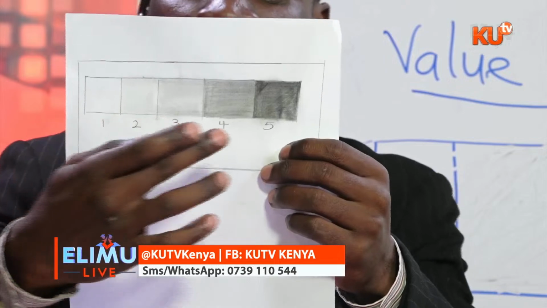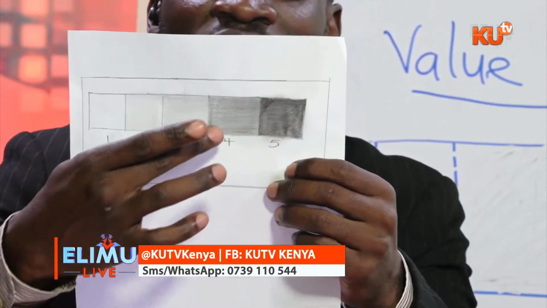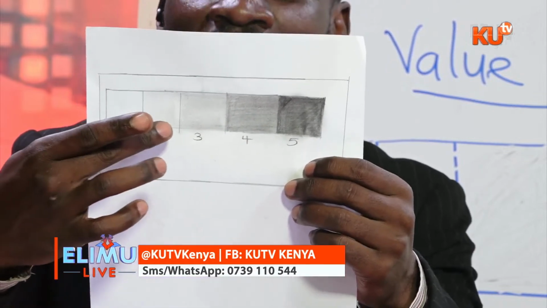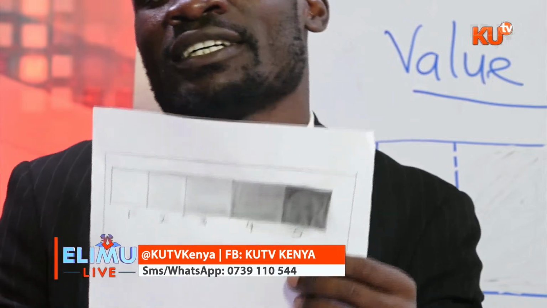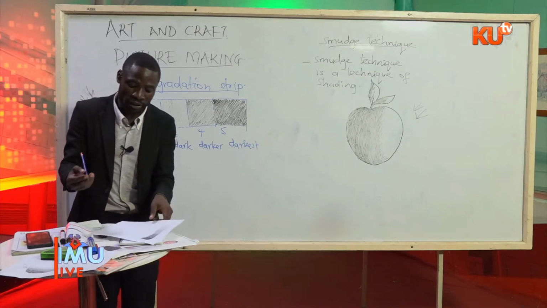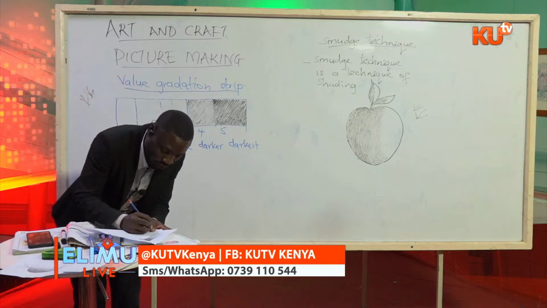Yes. So this side is dark, the darkest. Then we have darker, we have dark, we have light and lighter. We are going to label them the way we did with the one on the chalkboard.